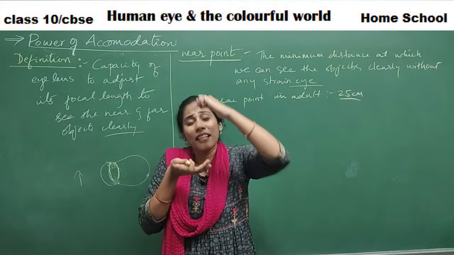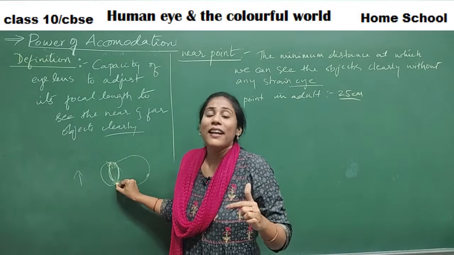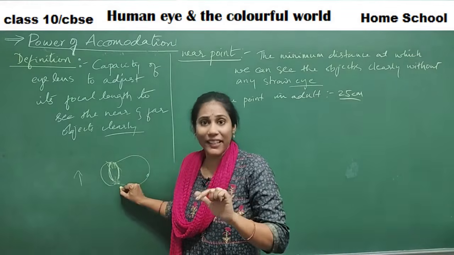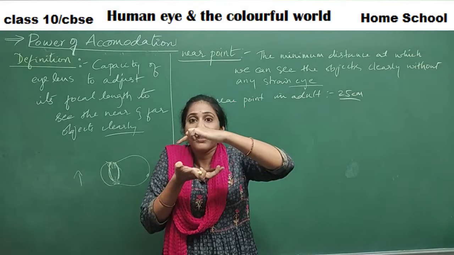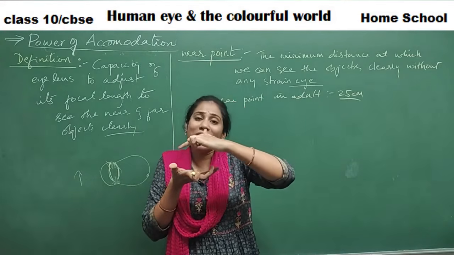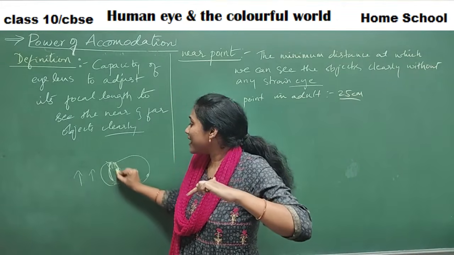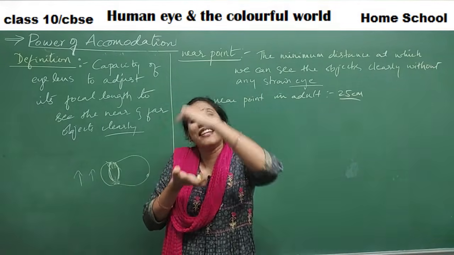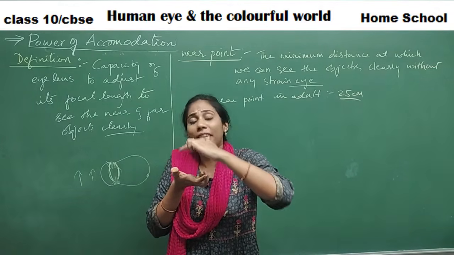But how much can you compress? For that also you have a limit, guys. For the lens to become thick, the ciliary muscles will compress it, and even for that you have a limit. As you bring the object very near, your ciliary muscles try to compress the lens more and more, but it cannot compress beyond a certain point.